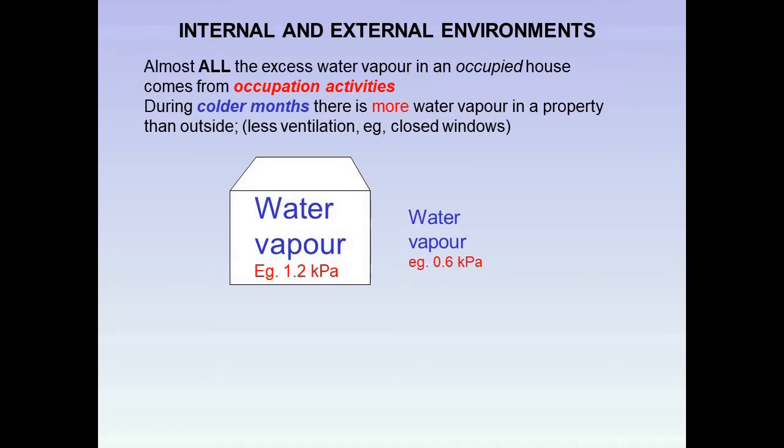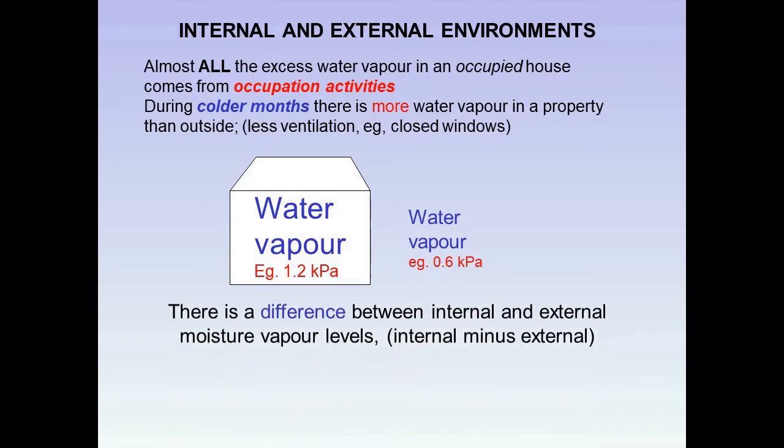Again, considering internal and external environments, as mentioned earlier, almost all the excess water vapour in an occupied building comes from occupation activities. And during the colder months, there is inevitably more water vapour in a property than outside. There's less ventilation. Windows are closed, doors are closed, etc. So, there is a difference, therefore, between internal and external moisture vapour levels.